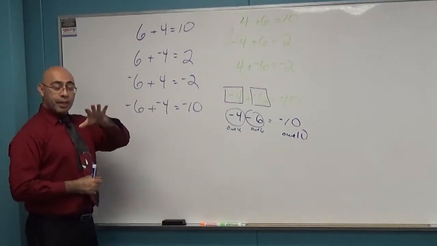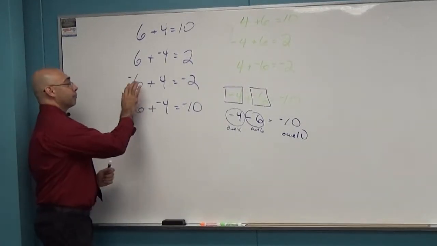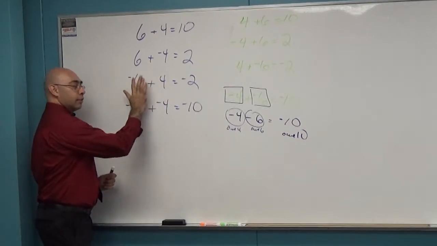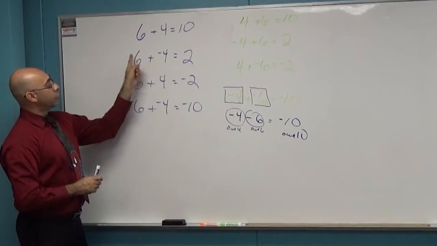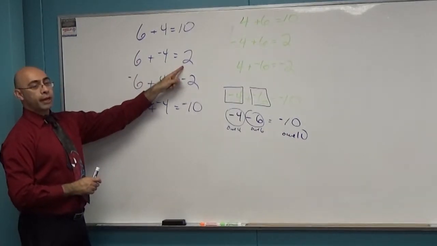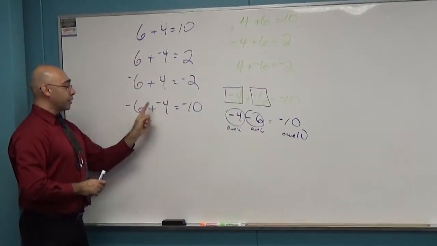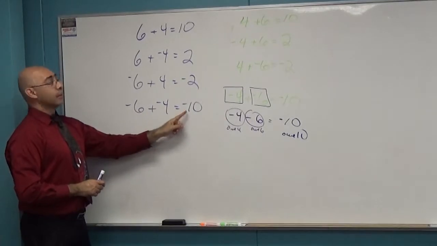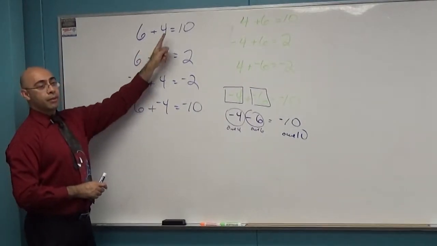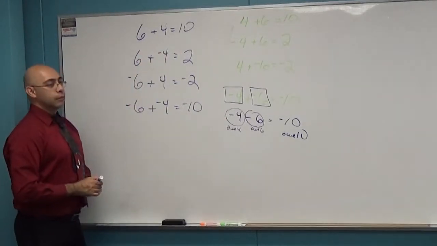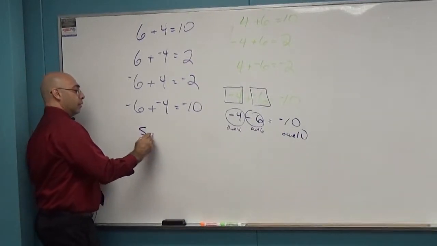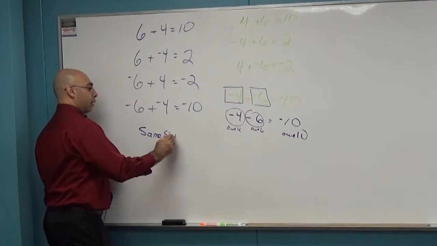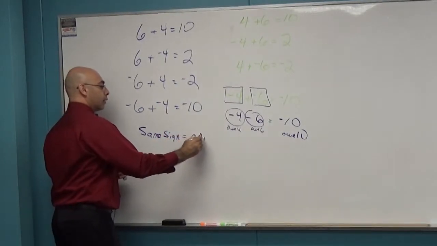So the key idea, basically, what she has is this. If the signs are different, you subtract. If the signs are the same, you add. That sounds really cool. So if you have the same sign, that means you add.